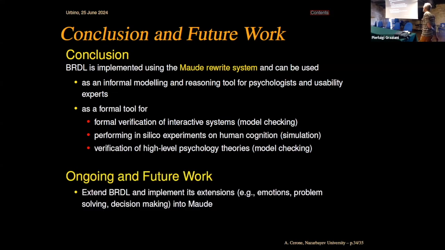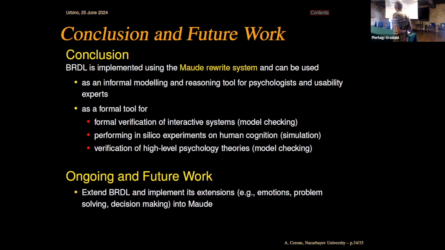And now what we are doing, actually we are trying to implement and extend, of course, BRDL. We are working a lot now with motivation and emotions, because emotions are an important part. And we are going to work with problem solving and decision making, because reasoning plus emotion can allow people to do actual decision making.